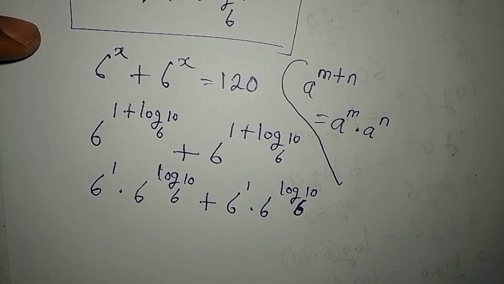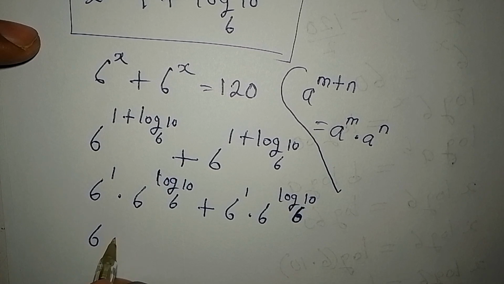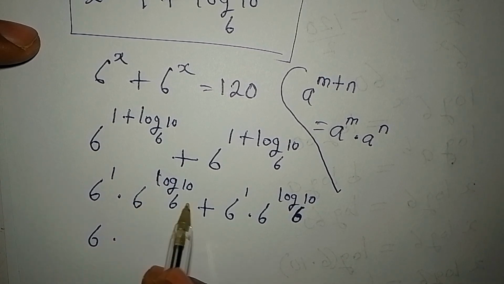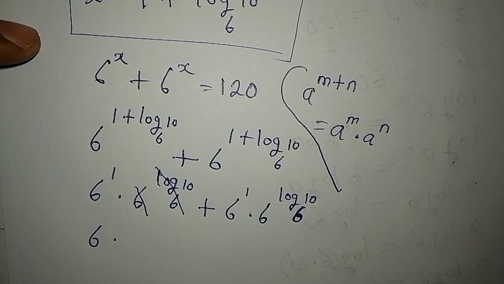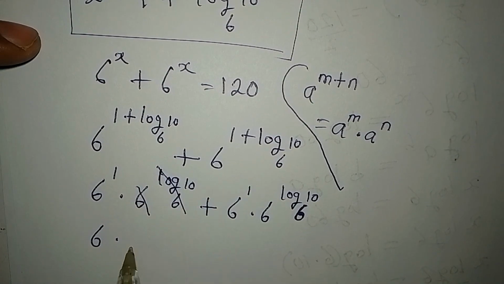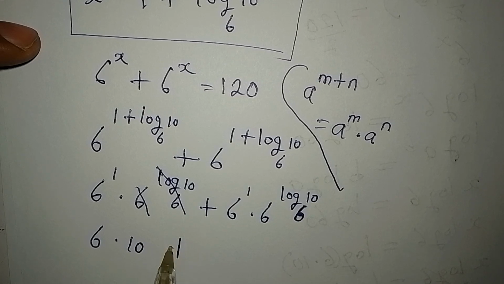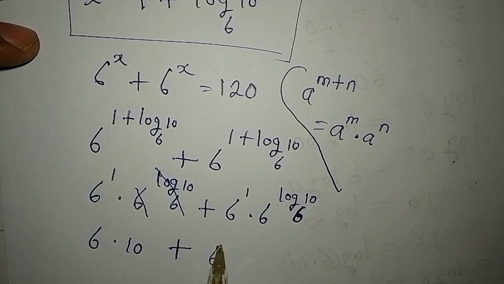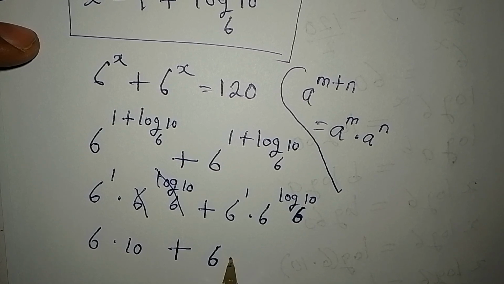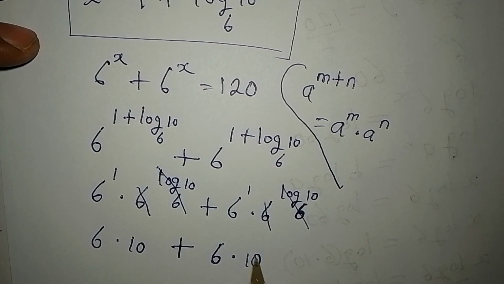And then what do we do? This is 6 to the power 1 and it's 6. Then multiply by, from here, this log to base 6 and this 6 can always cancel. So 10 is left, so we have 10 here. Then plus, we go over to this. This is 6 as well. Then multiply by this and this will cancel, so we multiply by 10 as well.